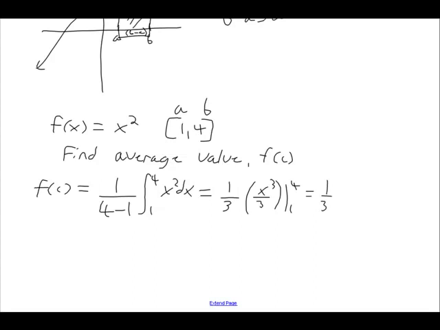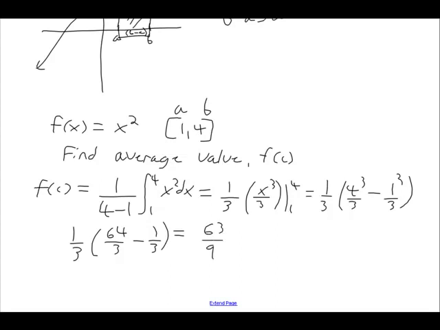So that'll be 1/3 times 4 to the third over 3 minus 1 to the third over 3. And when we simplify that, 4 to the third will be 64 over 3 minus 1 over 3. The entire thing's multiplied by 1/3, so we'll get 63 over 9, which is the average value of the function, and we can even simplify that because that'll simply be 7. So the function x squared on the interval from 1 to 4, the average value of the function is 7.